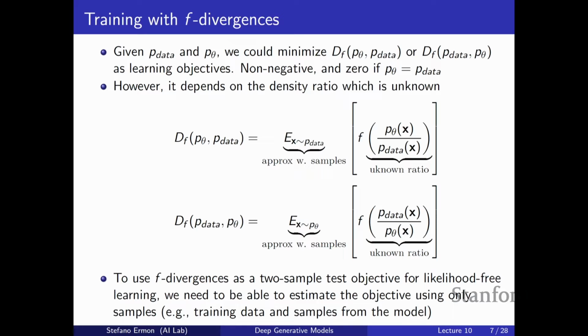There is an underlying, as usual, data generating process that we assume we have access to only through samples. So we assume we have a training set that was sampled from p data, and that distribution is not uniform. This is not the empirical distribution on the data set, which could be just 1 over n, where n is the size of the data set. This is the true data generating process.